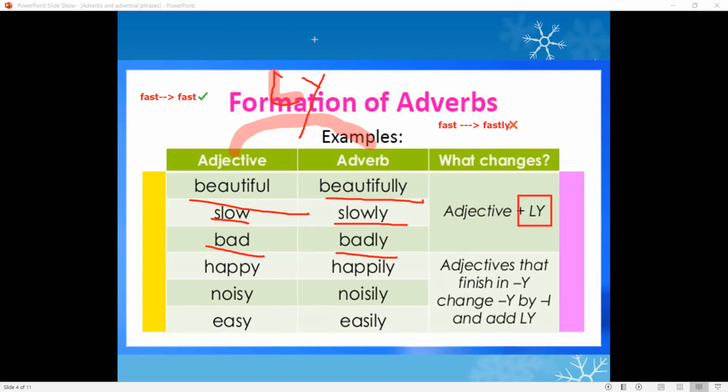We could see here that adjectives that end in y, we change the y into i and add ly, or we remove the y and add ily. All right, super. So this is how to form adverbs from adjectives.